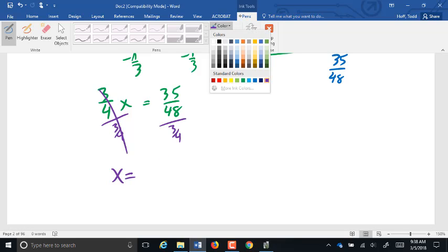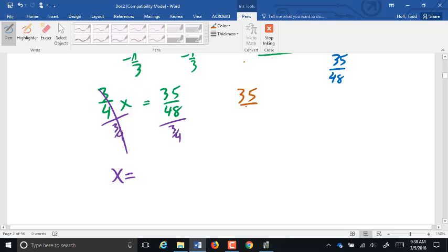X equals 35/48 divided by 3/4 becomes 35/48 times 4/3.